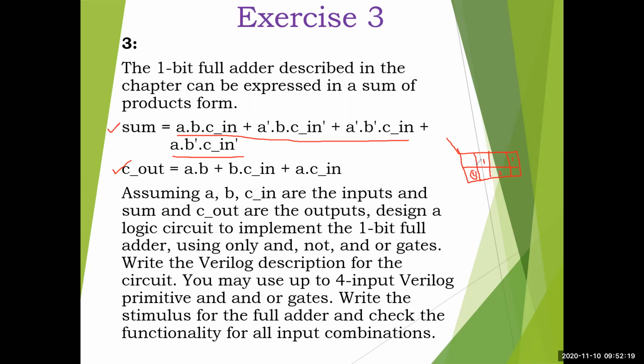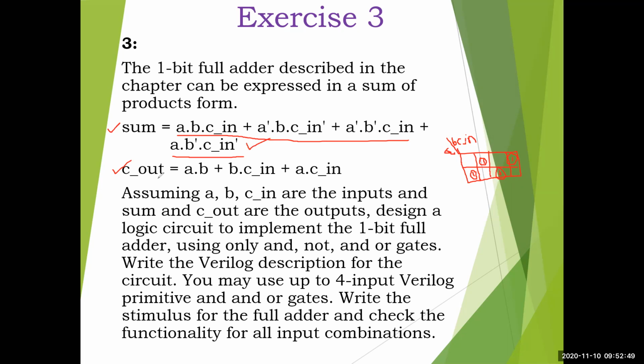When you write the individual expression, you get A B C in, A bar B C in bar, A bar B bar C in, A B bar C in bar. You can just verify: A on this side and B and C in on this side, so you get the same result. It is not further simplified, kept as it is.